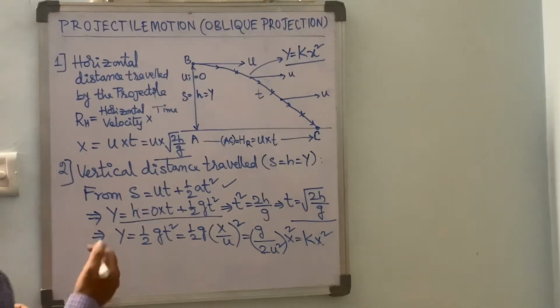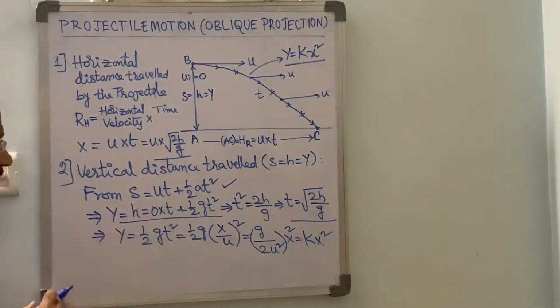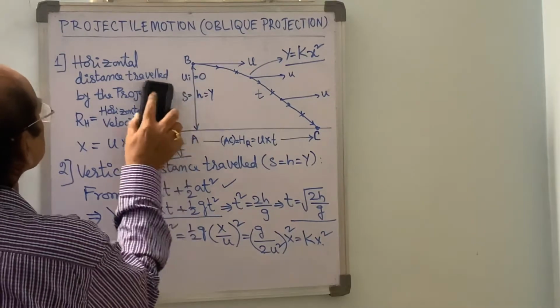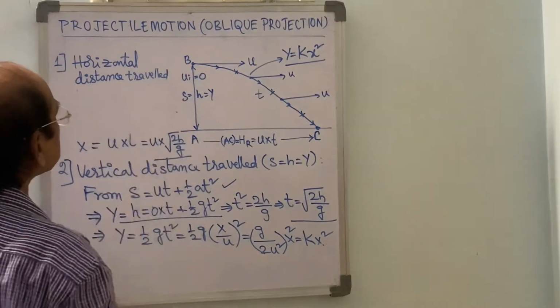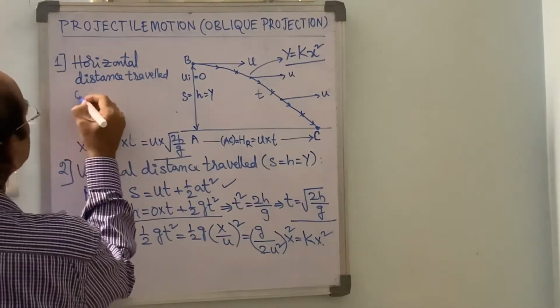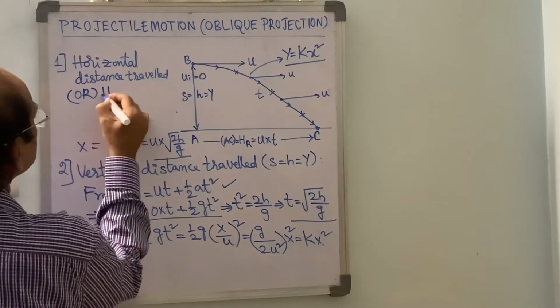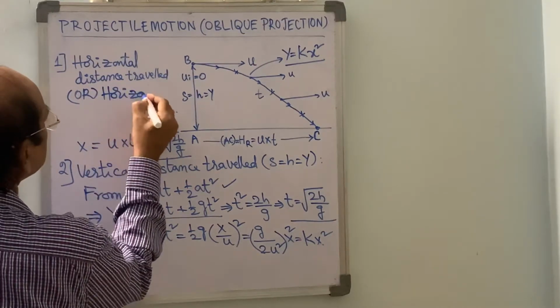So these are the formulas for horizontal range, also called horizontal range.